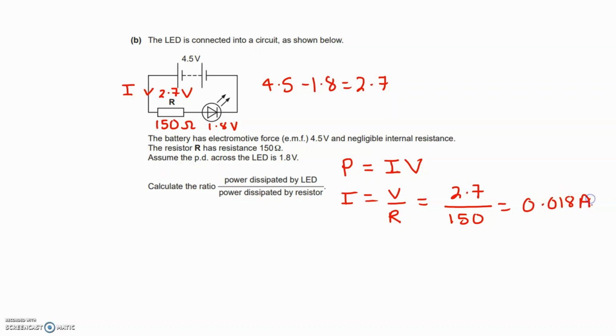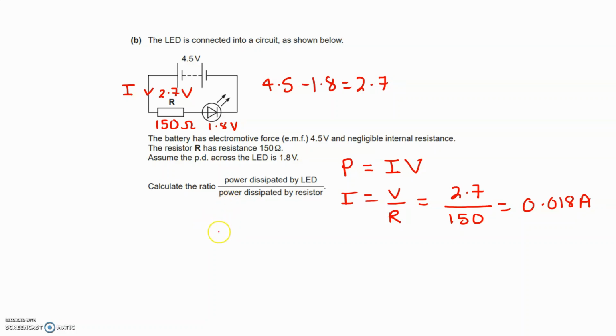0.018 amps. Now because those two devices, the resistor and the LED, are in series, the current flowing through them will be the same. So the current through both components will be 0.018 amps.